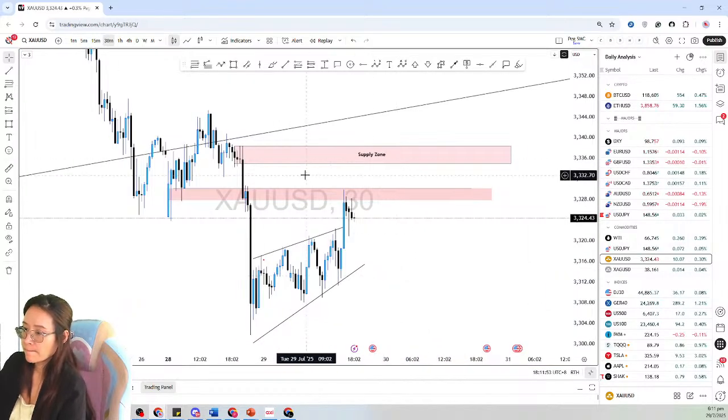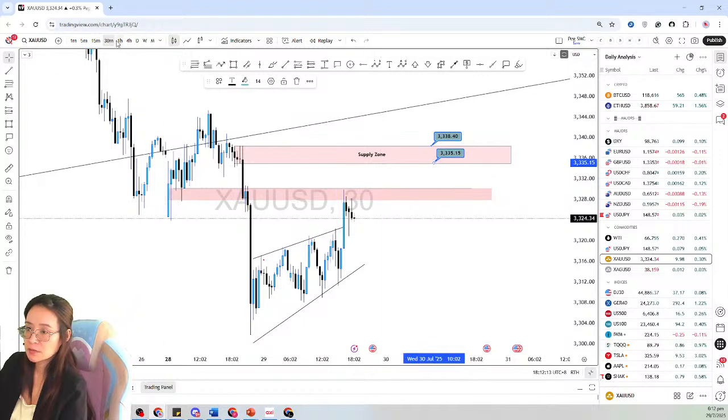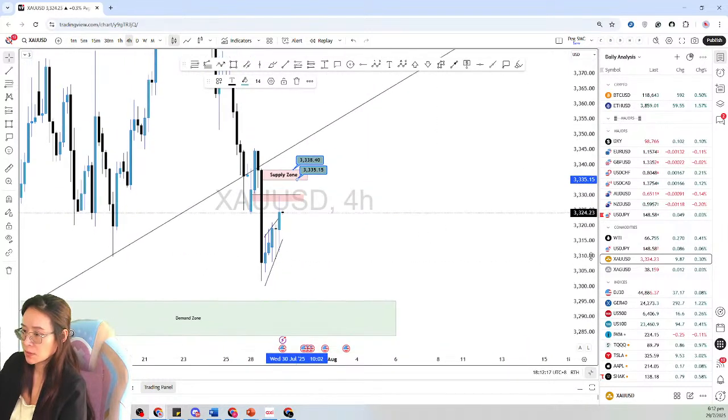Meaning that if price goes back up here again, I'm not going to sell. The next sell zone I'm looking for is here, another flat zone. Somewhere around this price will be the peak.